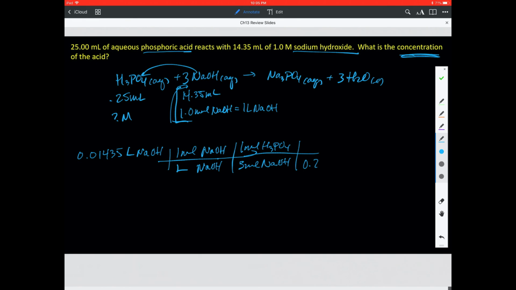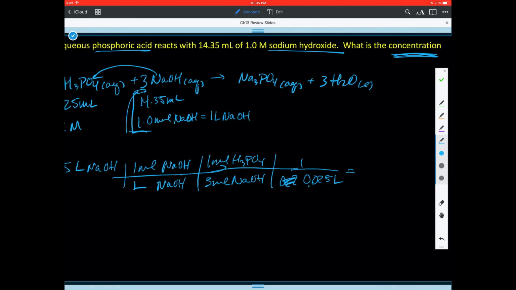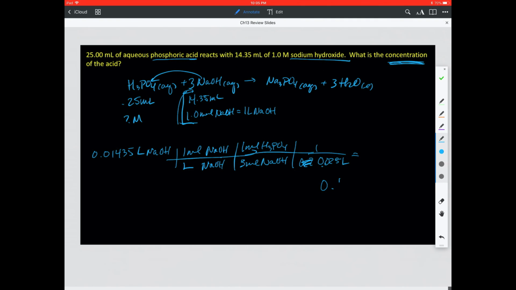And so now I'm at moles of H3PO4, so I can just go ahead and divide by my number of liters. It's 0.25, right? Yeah. And that should give us 0.19 molar H3PO4. Good? All right.